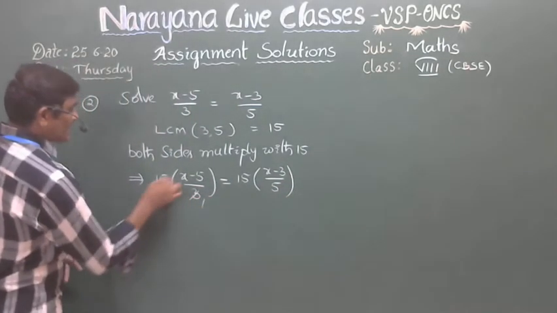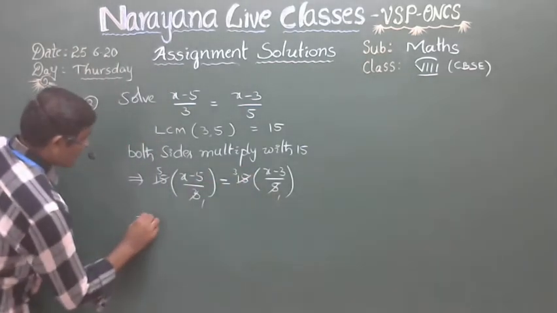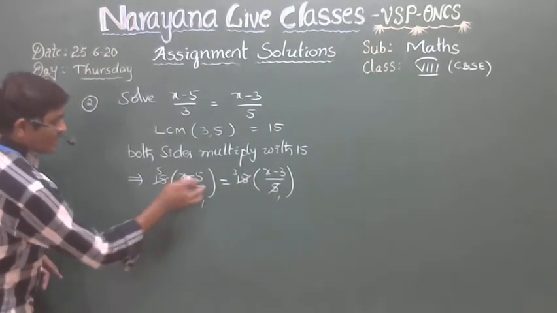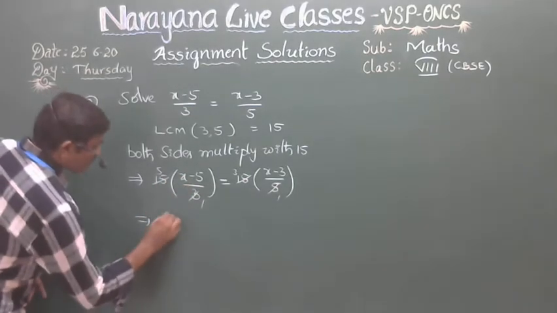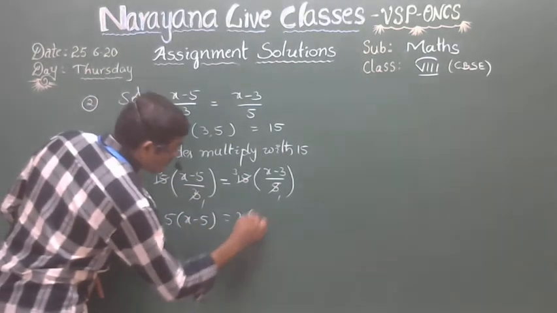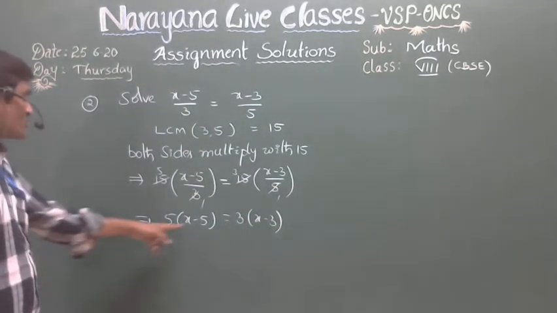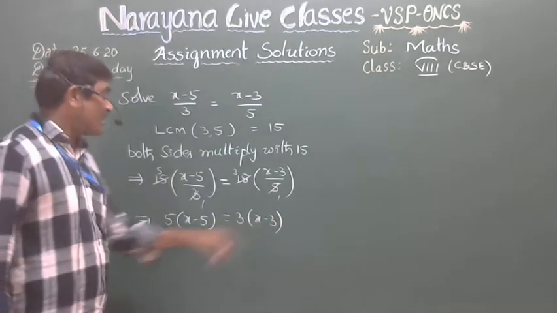Now 3 5s are 15, 5 3s are 15. Then both sides, these two terms multiply with 5: 5 into x minus 5 equal to 3 into x minus 3. Now these two terms multiply with 5, these two terms multiply with 3.